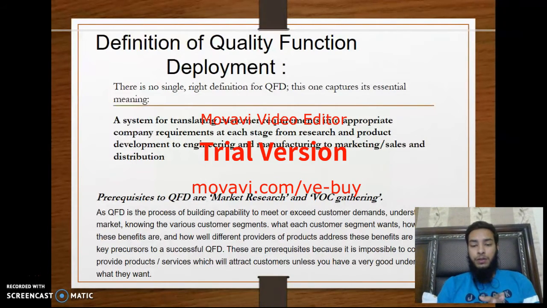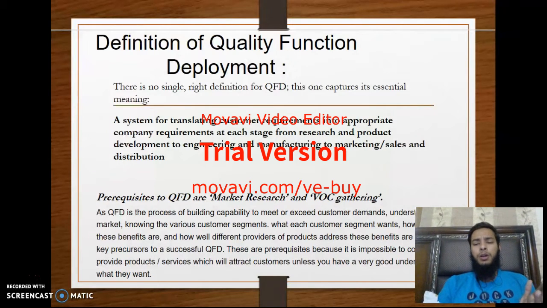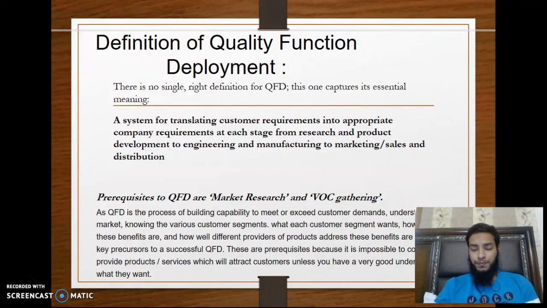These two are the prerequisites because it is impossible to consistently provide products or services which will attract customers unless you have a very good understanding of what they want.